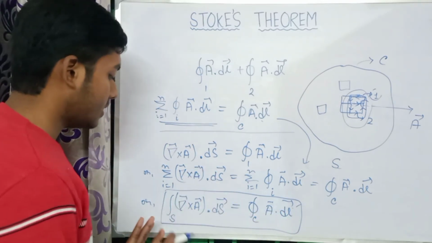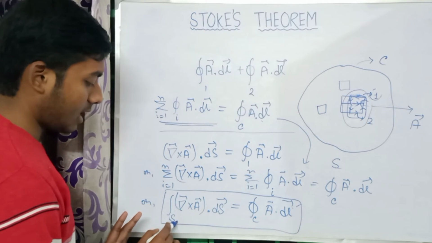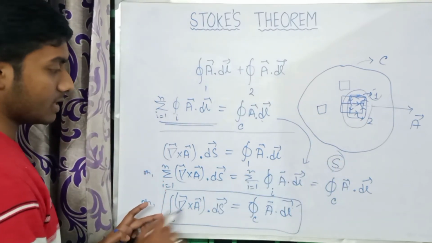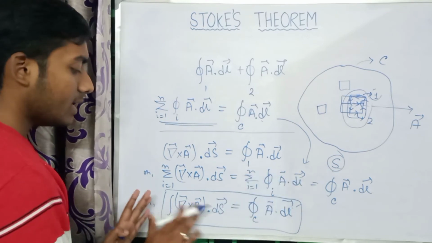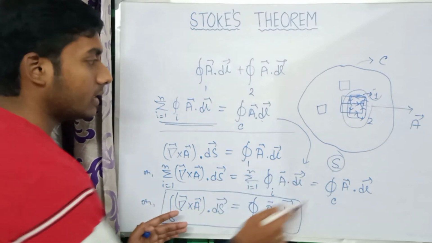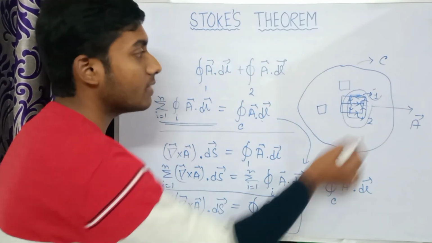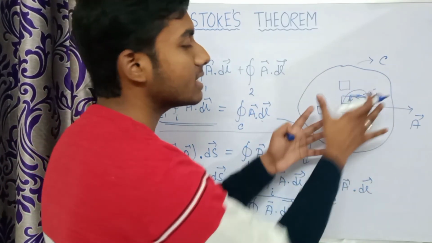Here note that the integration is over the surface S, the total surface, and this is the boundary curve of the surface.